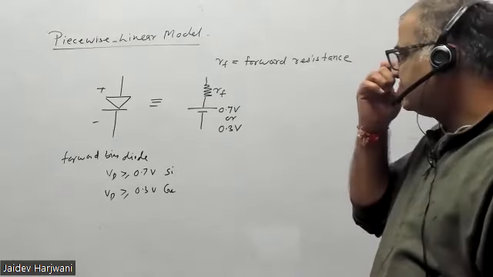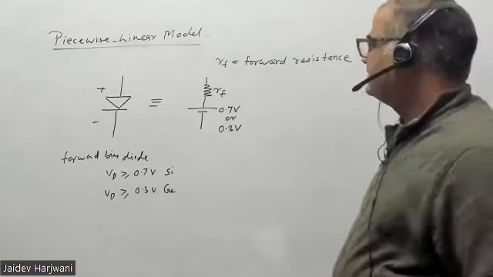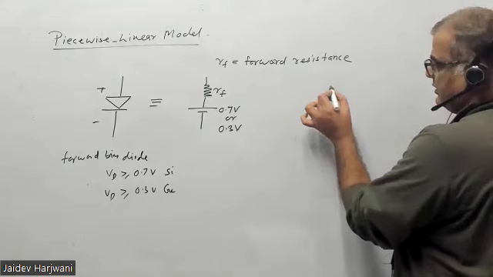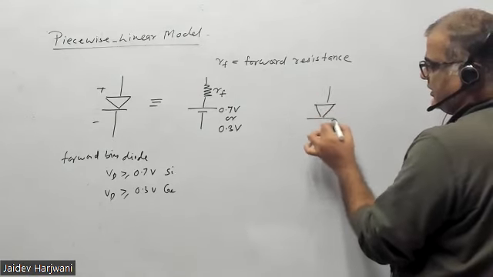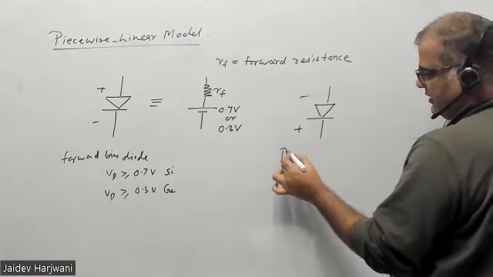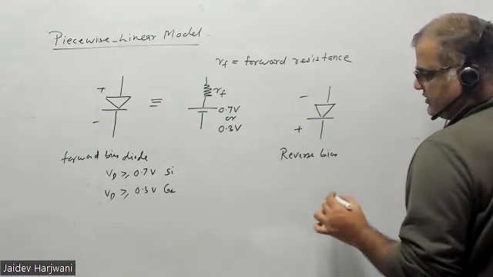And similarly, if you want to apply reverse bias, so for reverse bias, this is your diode, and you're applying the reverse bias, then there is no change, exactly like reverse bias.